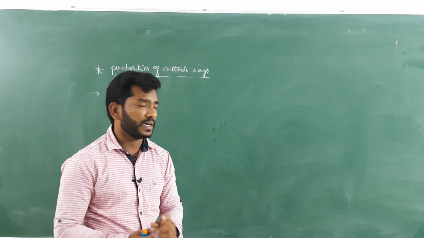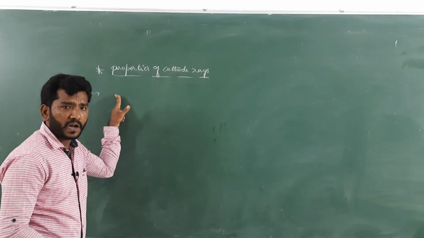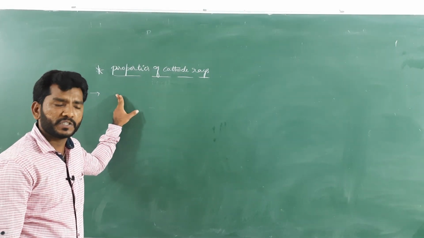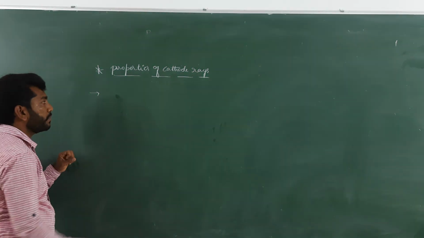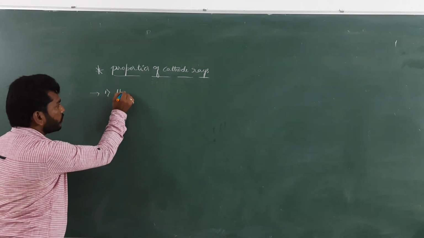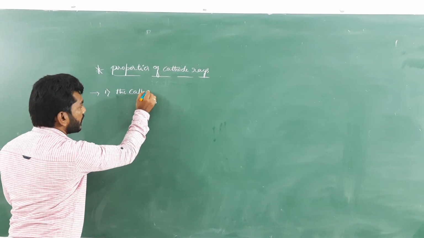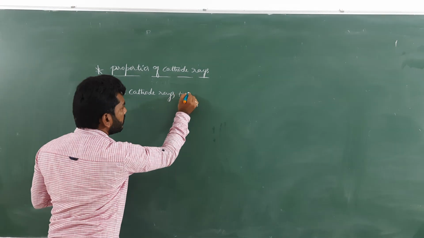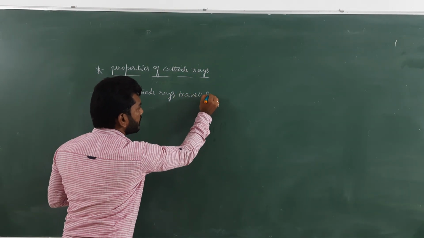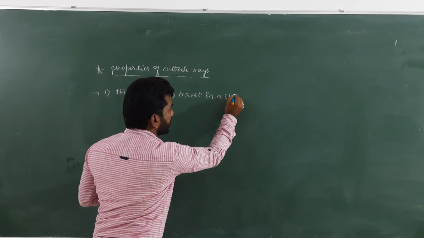In the very first, these cathode rays travel in a straight line. This is one of the most important properties of the cathode ray. So the very first property is that cathode rays travel in a straight line. Why? Because cathode rays move from cathode to anode, and since they carry negative charge, the anode attracts them. Hence in the empty discharge tube, the cathode rays travel in a straight line.